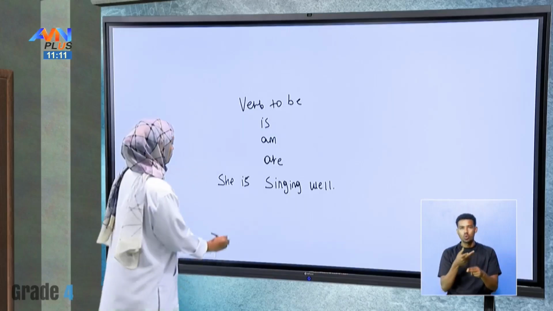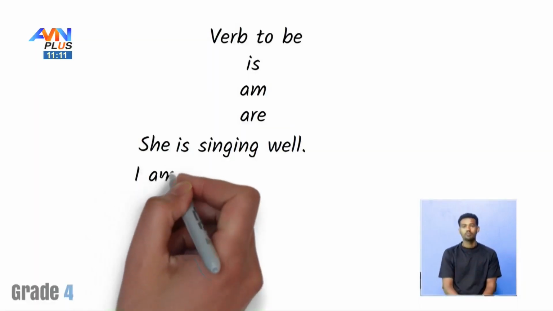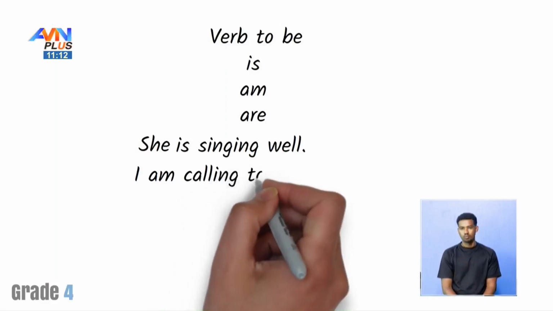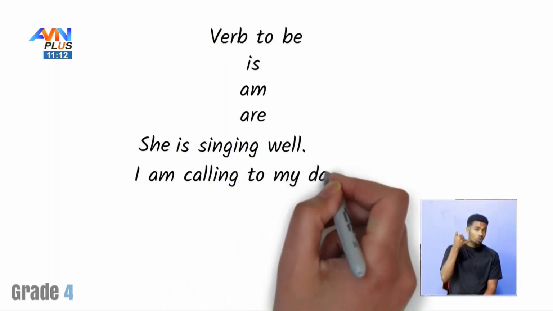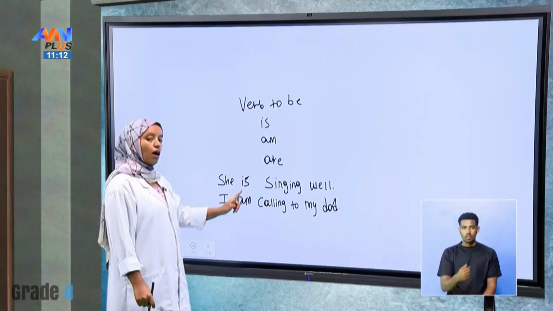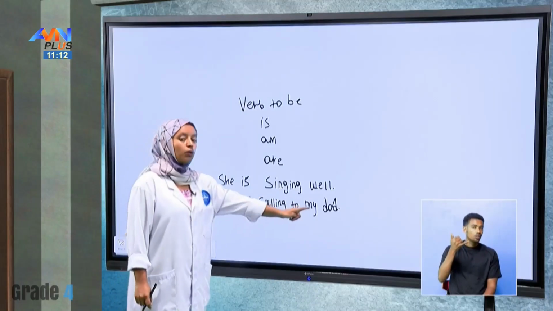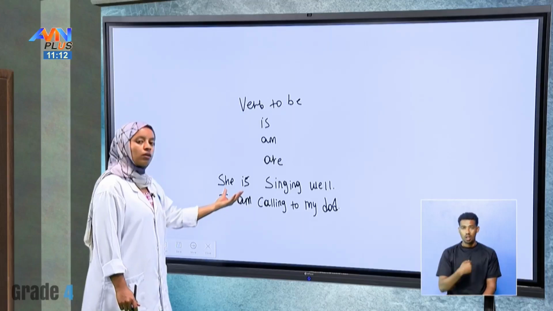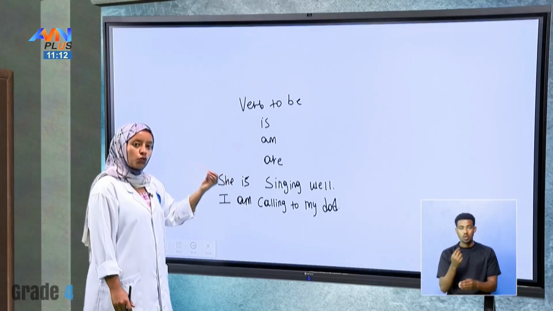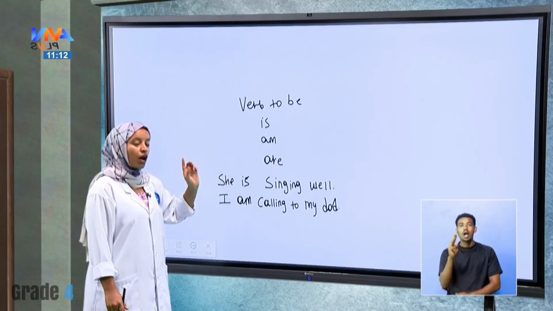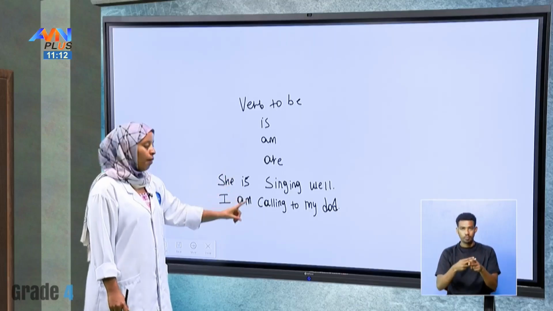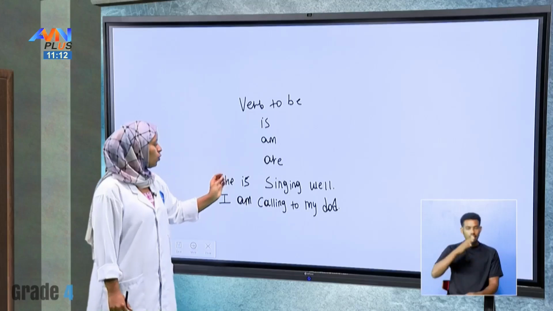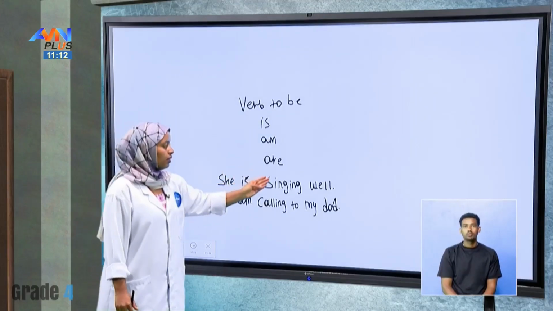For example, I am calling to my dad. Here is I with am. We can only use am with I. I am calling to my dad. Here is also she is singing well.